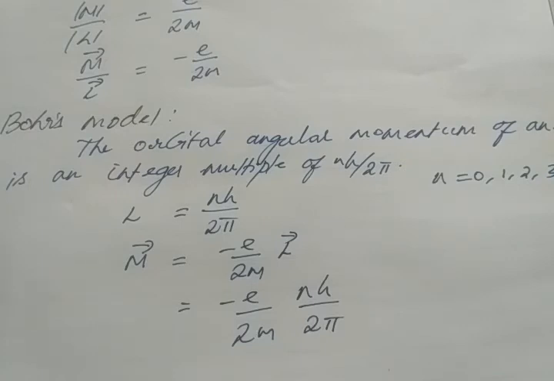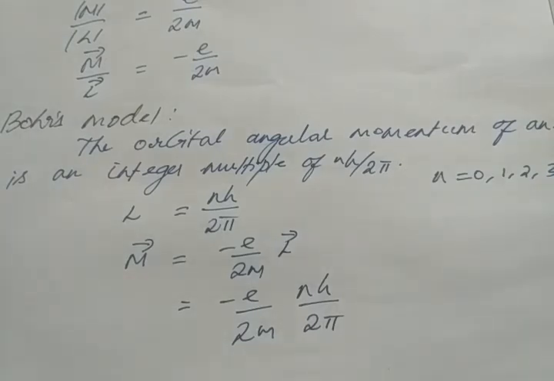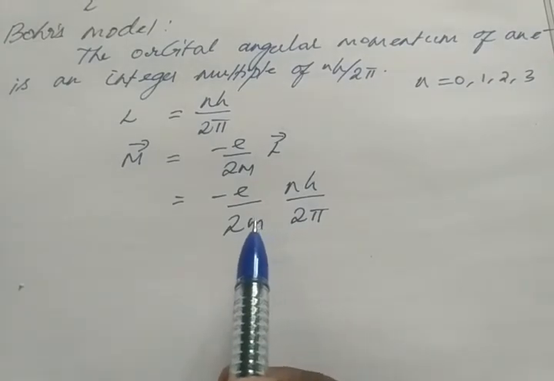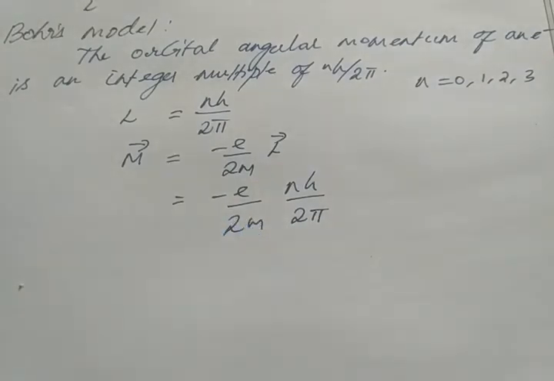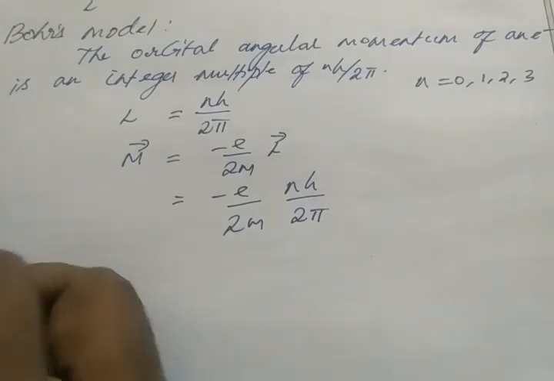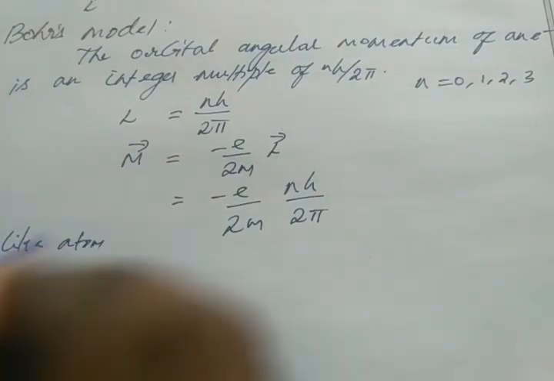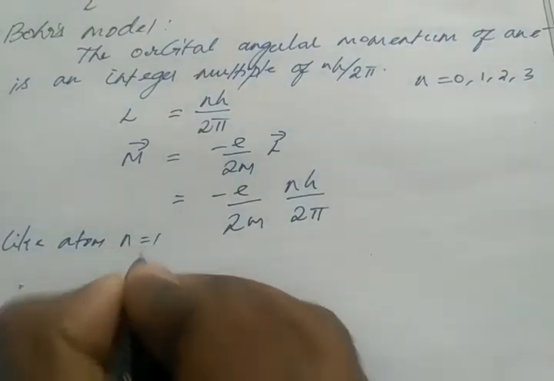Here n means the shell: K shell, L shell, M shell, which you study in chemistry. A hydrogen like atom has only one shell, so I can take n equal to 1.